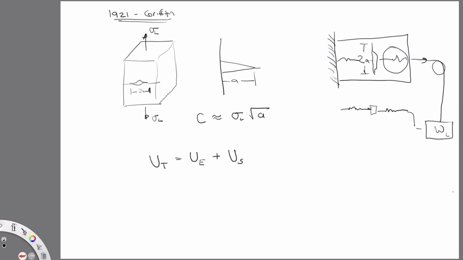So that's what this something in the middle is. There's two surfaces there, and when we create new surfaces, we dissipate energy, and so this is an accounting for that energy. And then the work done due to loading, okay?